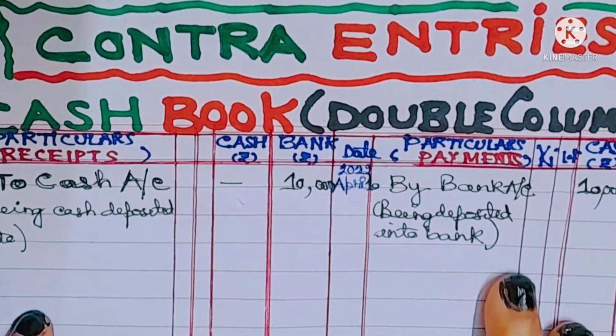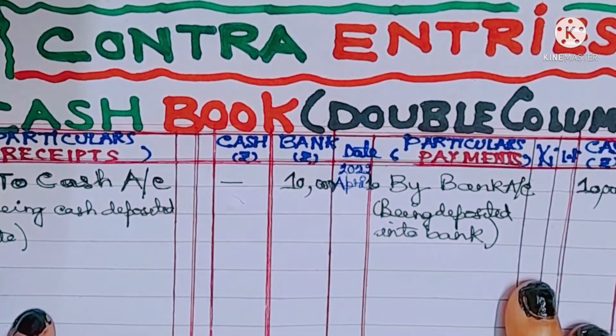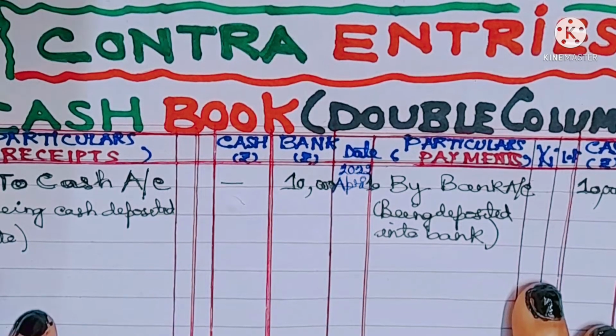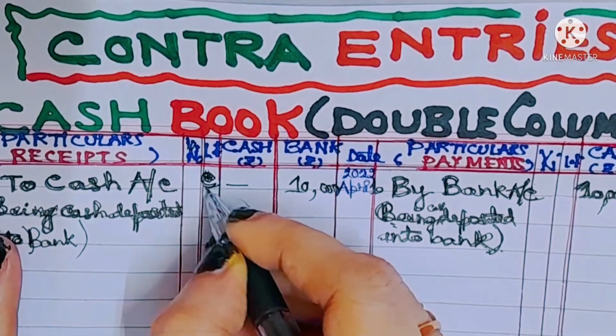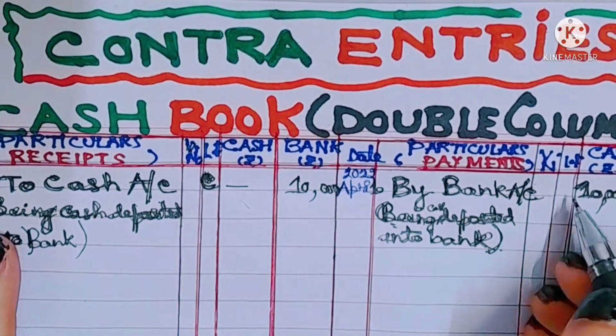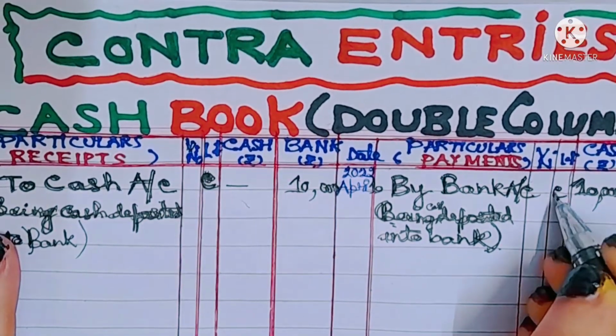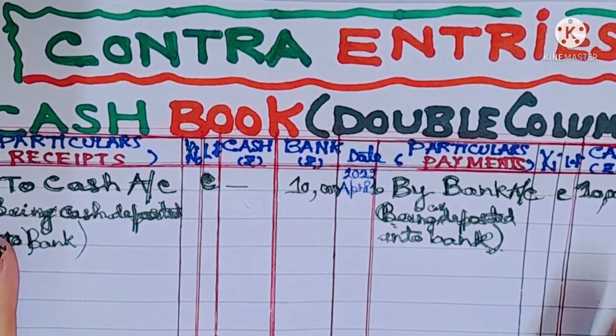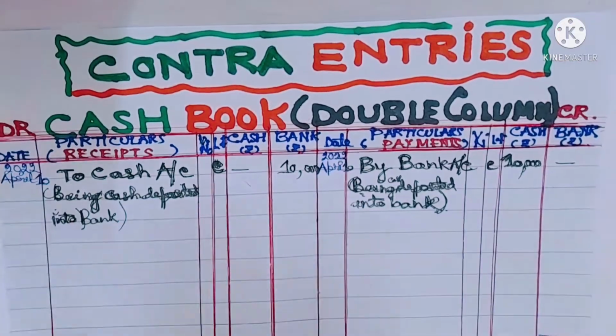Always remember, contra entries are always denoted by writing the letter C in the LF column, or ledger folio column, on both sides of the cash book. We'll have to write C in the LF column here also. C means contra.